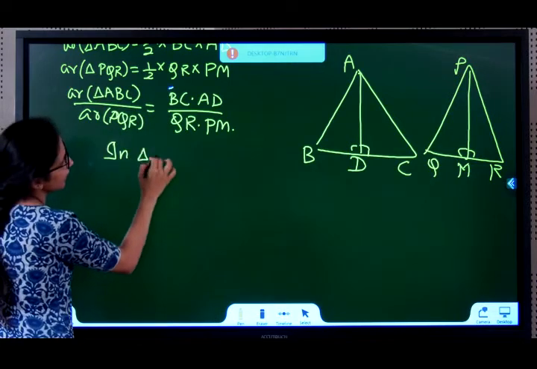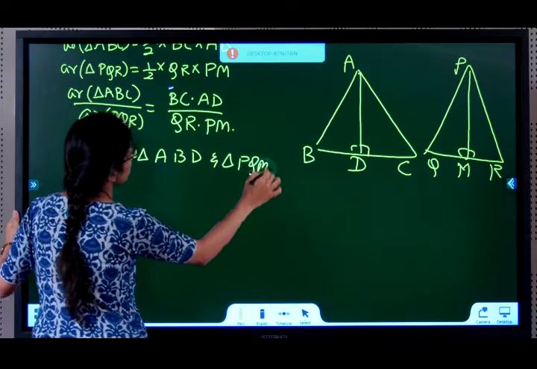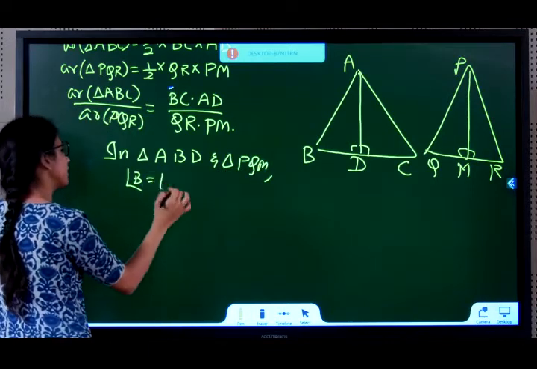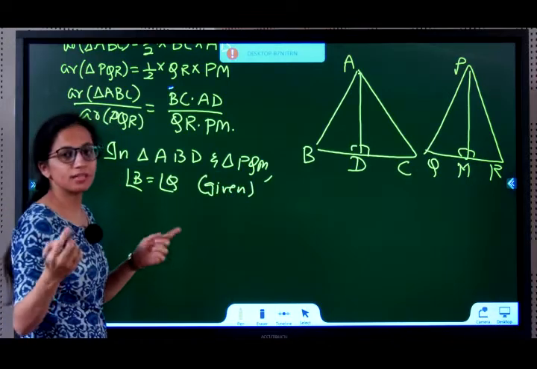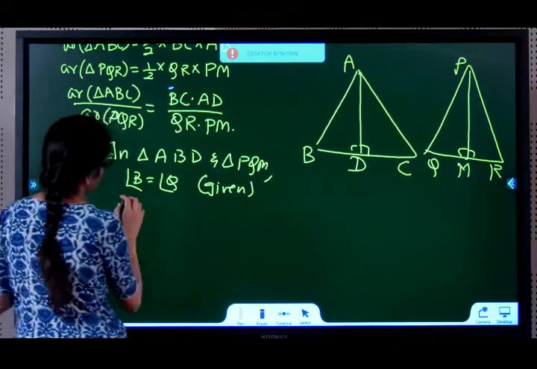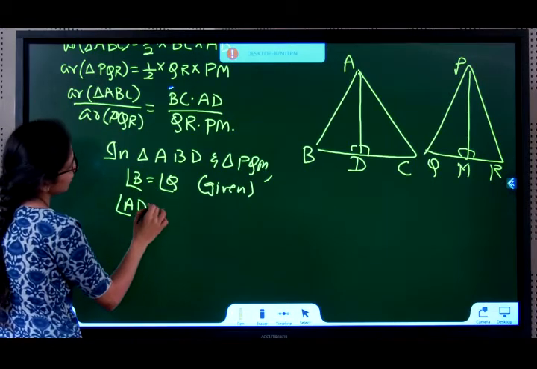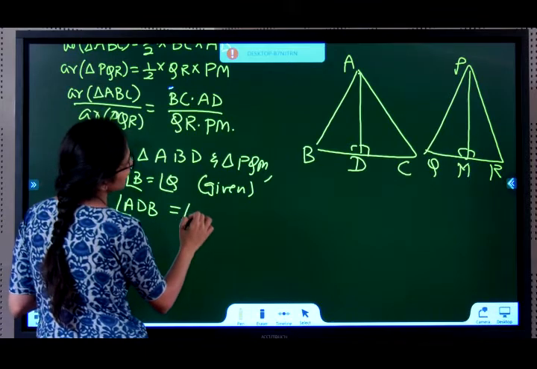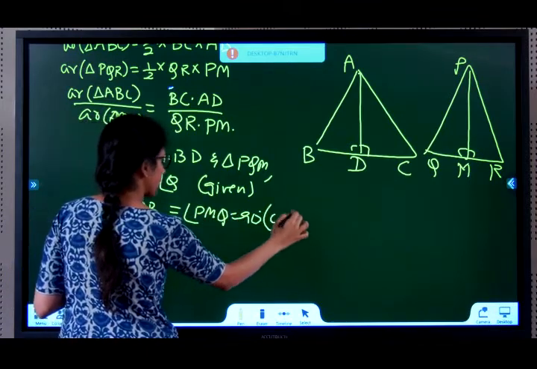In triangle ABD and triangle PQM, angle B is equal to angle Q. How? Given. We wrote it in given, because triangle ABC was similar to triangle PQR. Next, angle ADB is equal to angle PMQ, equal to 90 degrees, by construction.